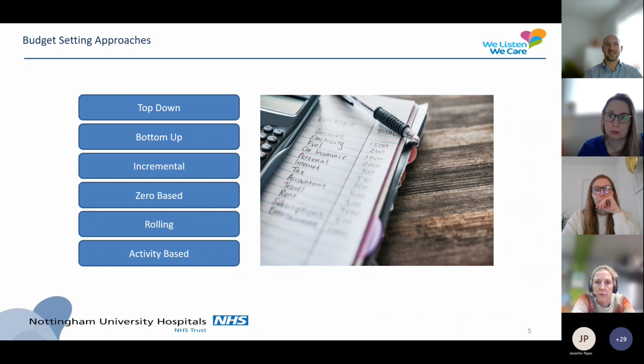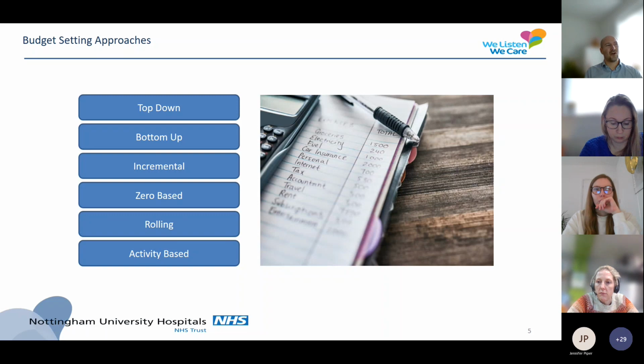It's really demotivating when you're just given a target and there's no two-way interaction between yourselves and the senior management team. You don't get the opportunity to explain the barriers that you're up against, and it downplays the importance of the budget holder and budget manager. So that is a real significant drawback to a top-down approach.